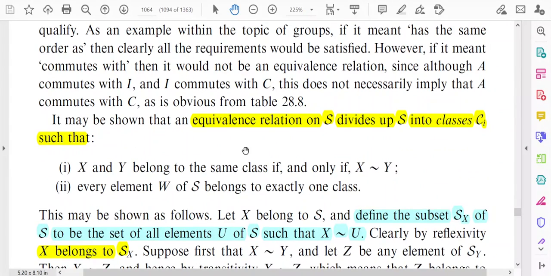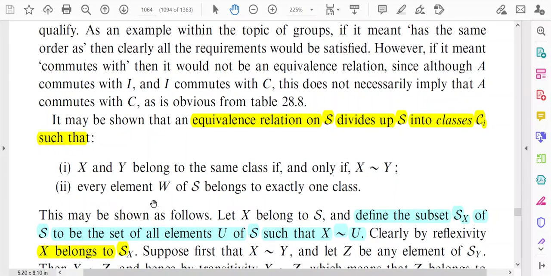Another important thing is that an equivalence relation on S, where S is a particular set, divides S into classes Ci. Classes Ci are subsets. But how does it divide? So that x and y belong to the same class if and only if x is equivalent to y.